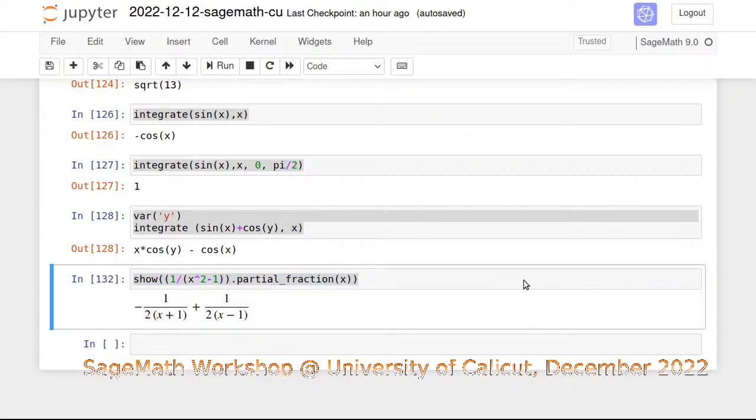Let me just see the workshop schedule. Yes, we can define divergence and all these things. We will be doing all these things, in fact. I'm just searching for that schedule.